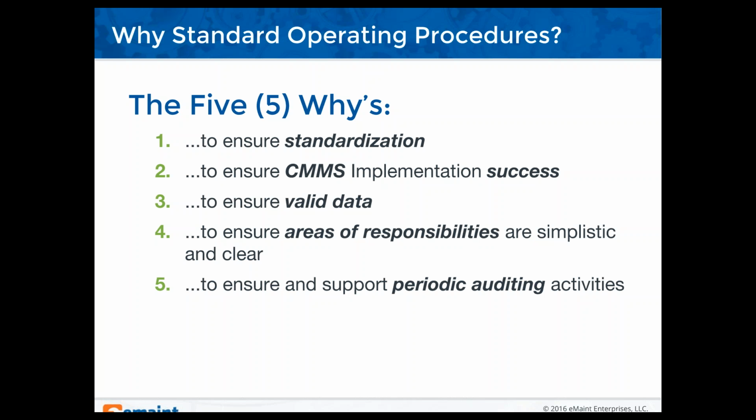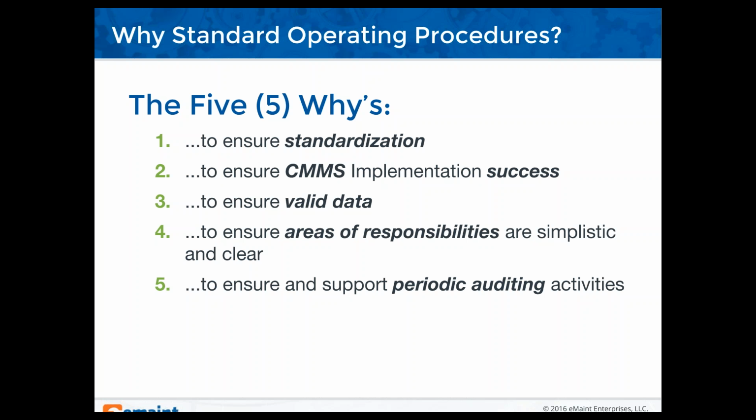It ensures that the data within the software and within the operating context is valid. It ensures that areas of responsibility are clearly understood, and that periodic auditing and the continuous improvement of the business in relation to the upkeep of the SOP is critical.